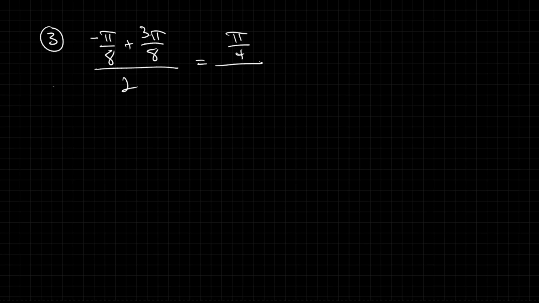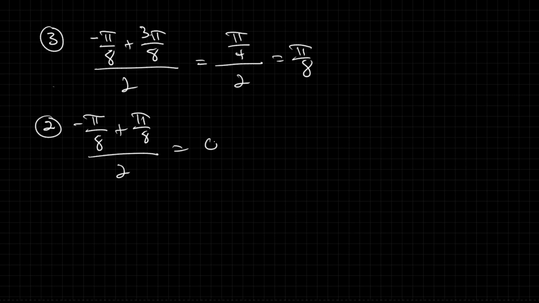So for this third point, I don't need the dashed line anymore. We would have negative pi over 8 plus 3 pi over 8, divided by 2. That's 2 pi over 8 in the numerator, which is pi over 4. And pi over 4 divided by 2 is pi over 8. Then our second coordinate is halfway between the first and third. So negative pi over 8 plus pi over 8, divided by 2.